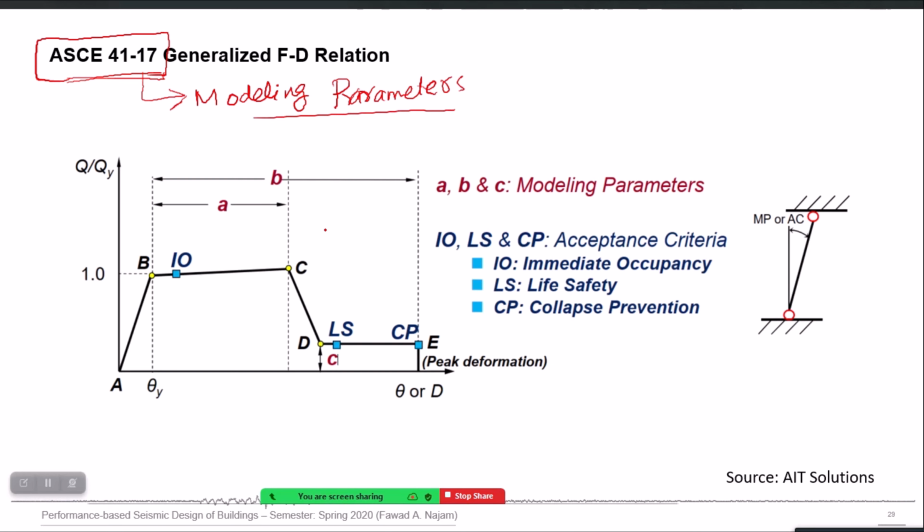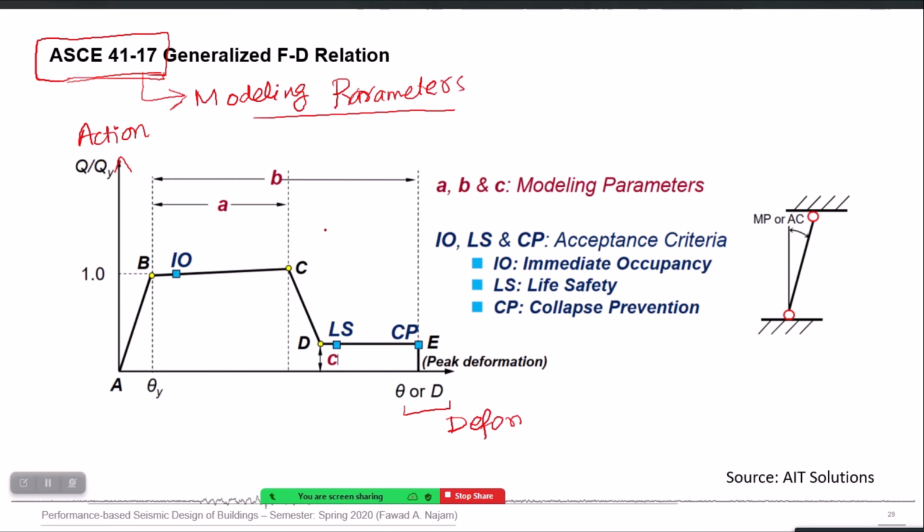How this works is that ASCE 41 first describes a general force versus deformation behavior. On the y-axis is an action, any action; it can be moment, shear, or axial load, depending upon what element you are modeling as nonlinear, and on the x-axis is the deformation.